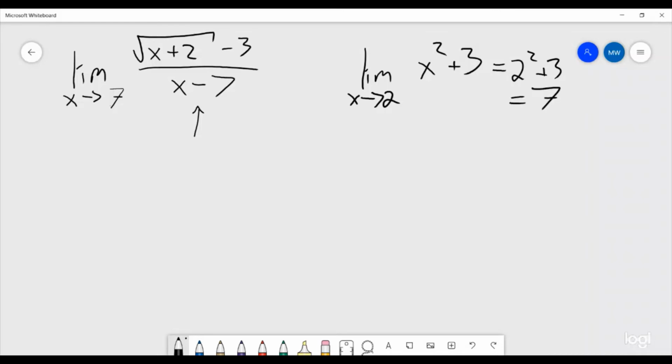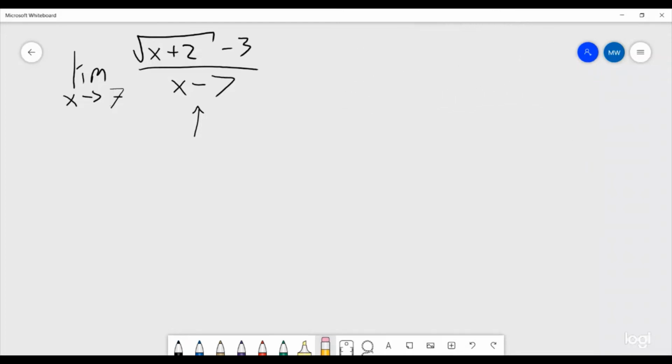However, in this first limit, we can't do that. If we were to try, it would cause problems because we would get a division by 0. And so that's where we have to do some cleverness to try and figure out how we might avoid that sort of situation. So let's look at this limit to see what we might be able to do.